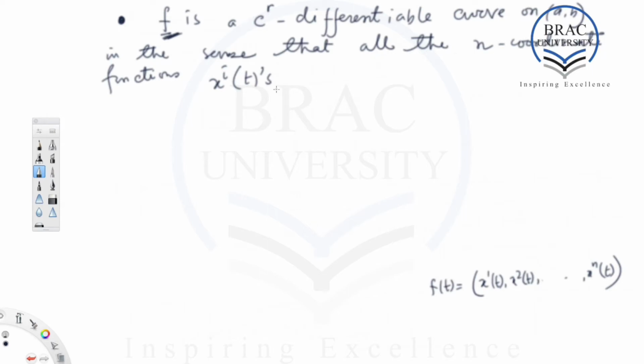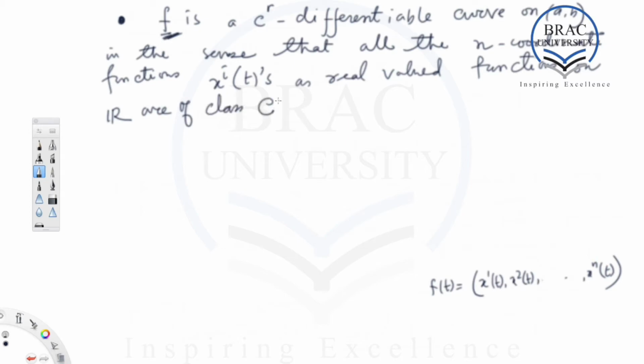All the n coordinate functions xi(t), as real valued functions on R, are of class C^r. Whenever each of these coordinate functions is of class C^r, we say that this function f is a C^r differentiable curve on (a,b).